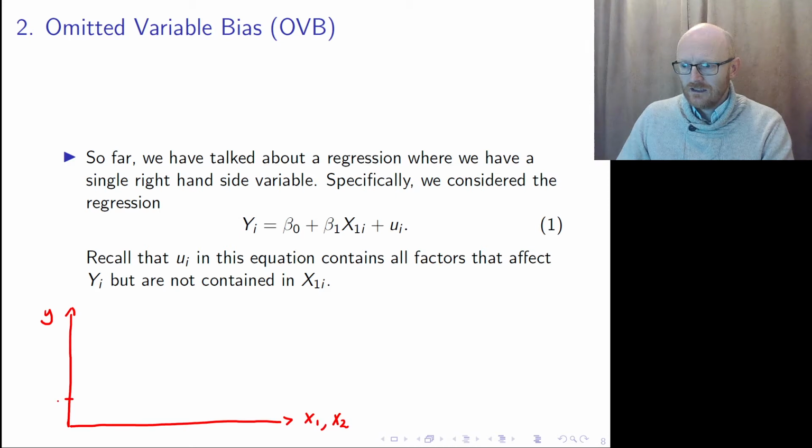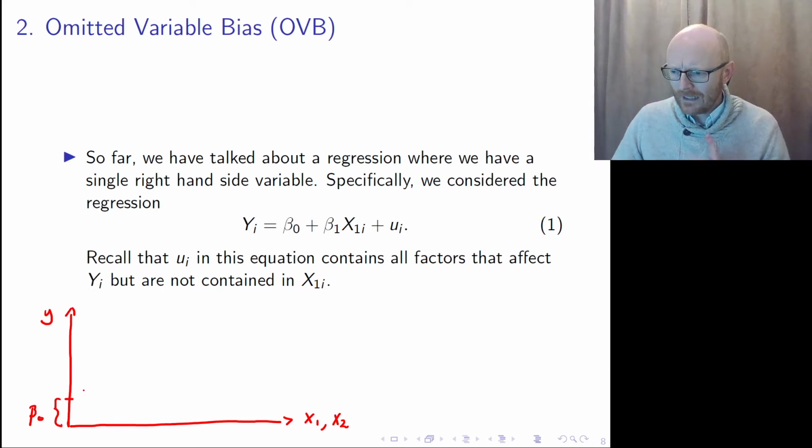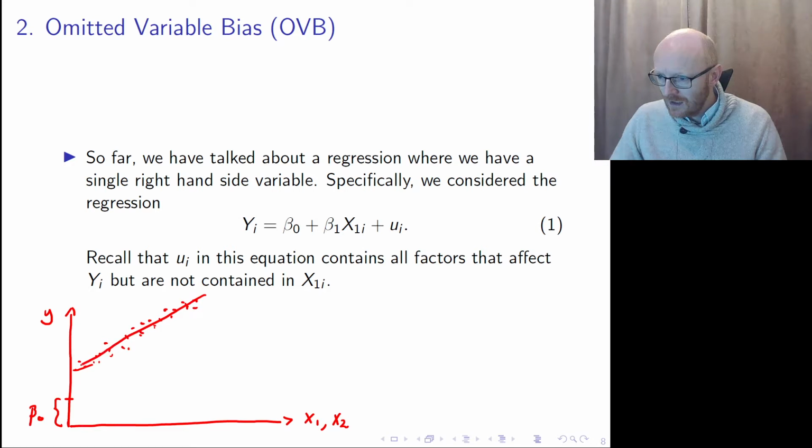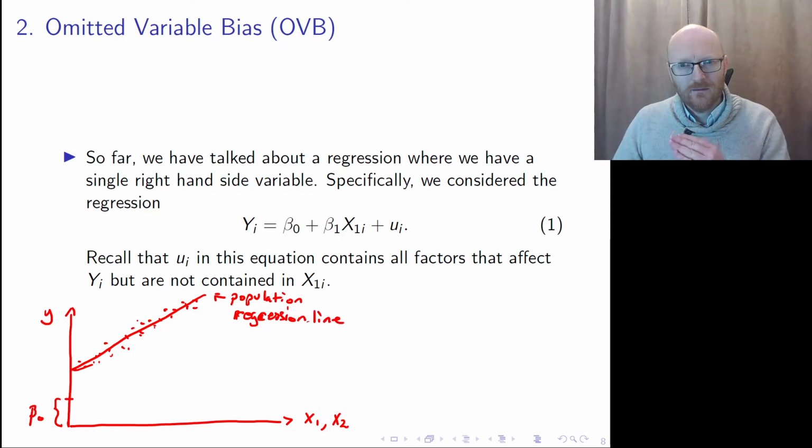You know that the intercept is just the population intercept, and if you have some data going up here, let's say this is the population data, then to get this population regression line. Okay, so this is the population regression line.